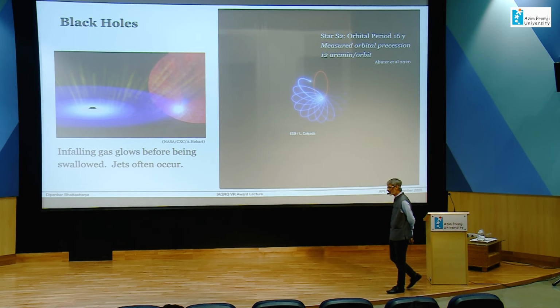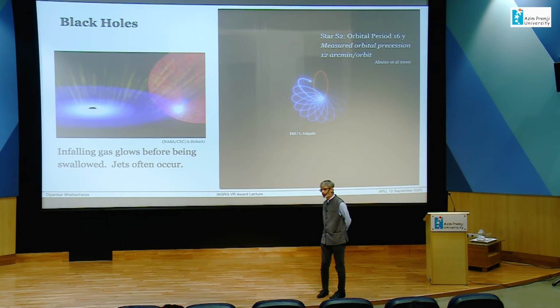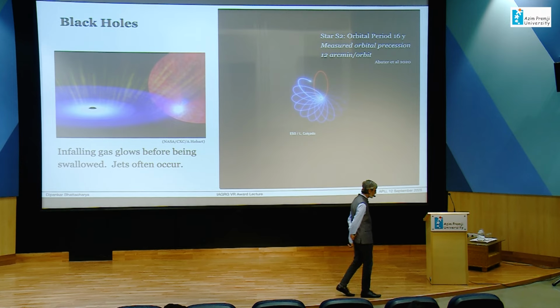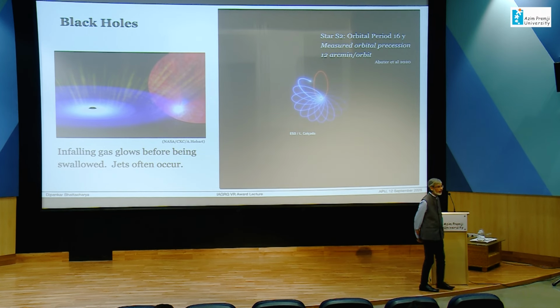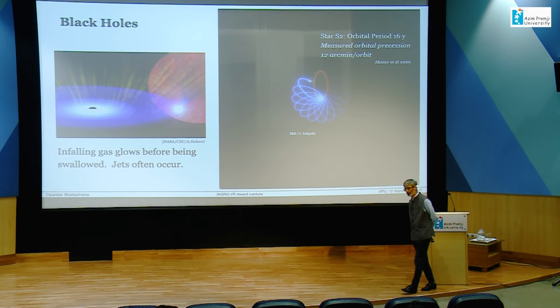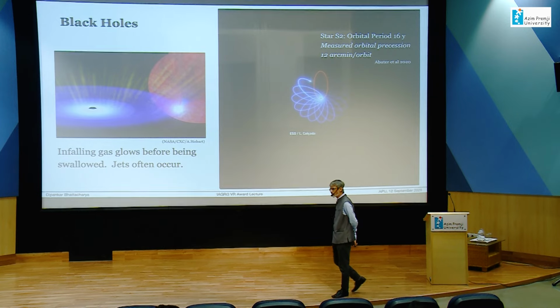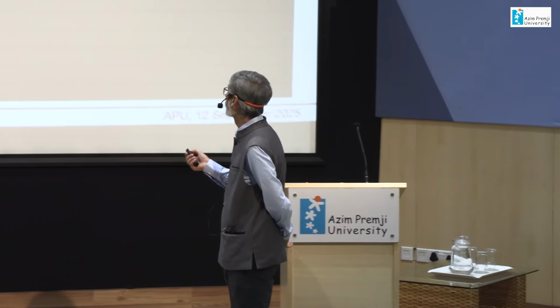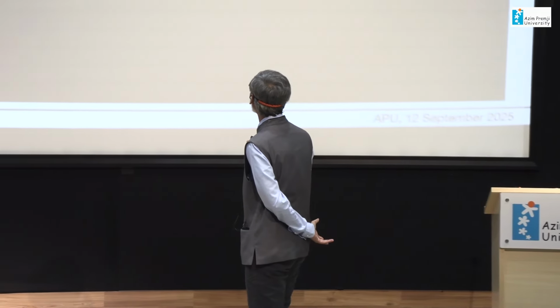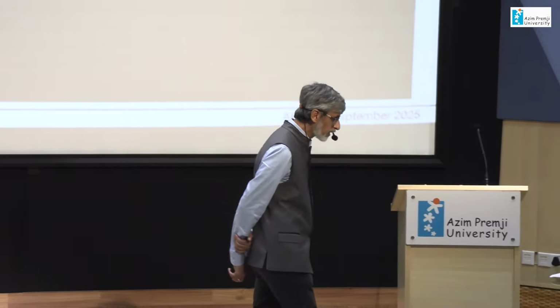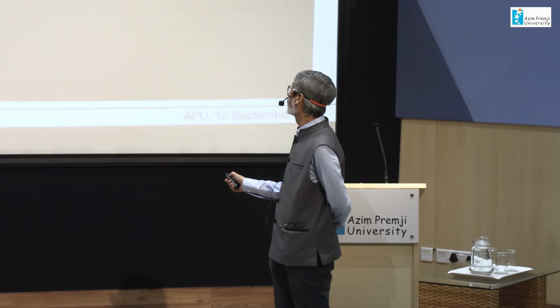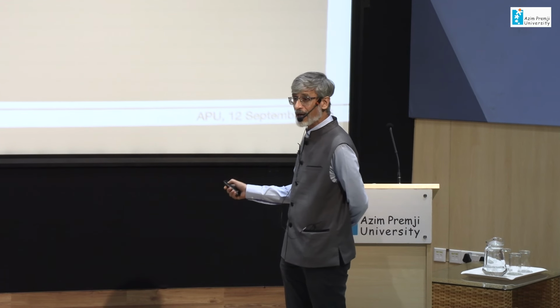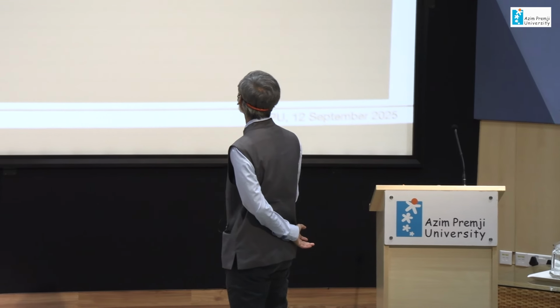Some of you may know that one of the first relativistic effects to be measured was the precession of the perihelion of Mercury in the solar system. That's an excess precession of 43 arc seconds per century. And it is basically the same effect which shows up here. Because around the black hole the gravitational field is very strong, you get a much more amplified effect, which is 12 arc minutes per orbit.